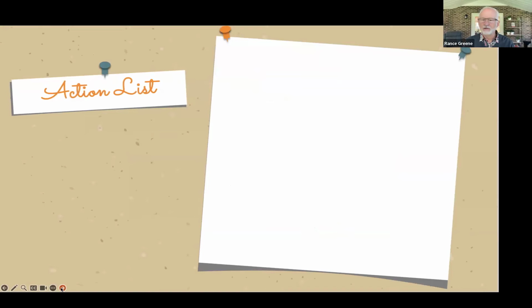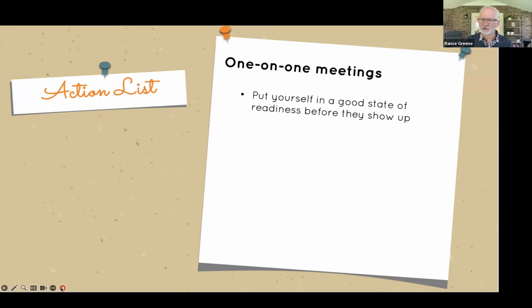Okay, what do you want people to do as a result of this training? We know they're struggling to conduct one-on-one meetings, and these are some of the answers you're probably going to get from the subject matter expert. Things like this.